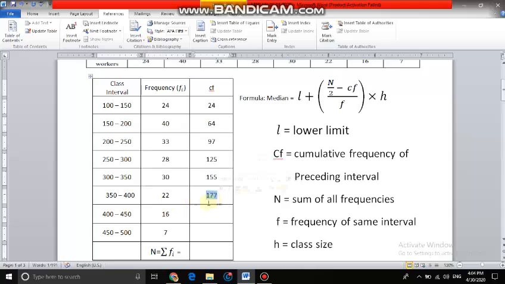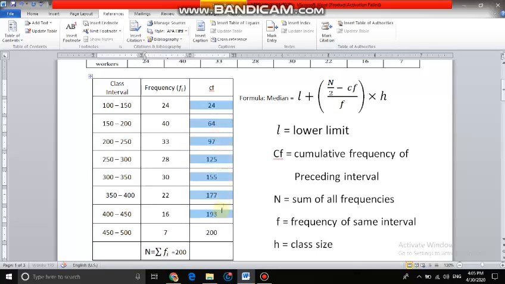Then 177 plus 16 is 193. Then 193 plus 7 will be 200. That means the sum of all the frequencies is also 200. This we already know from the previous example.